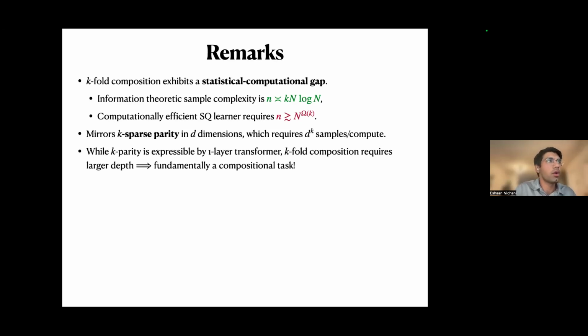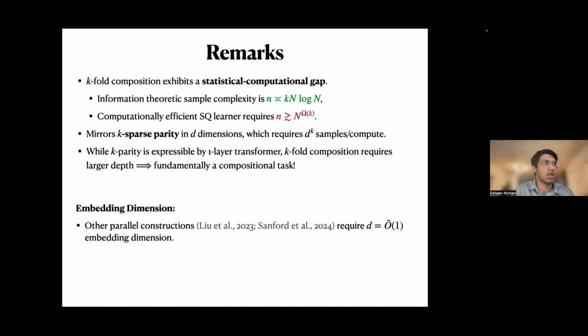I want to make one other remark about the embedding dimension. As some of you may have noted, other parallel constructions in the literature require an embedding dimension that only scales, say, logarithmically with the input length, whereas we require d to be k times n. One reason for this is that we are trying to use a fixed embedding that can express the task for any choice of the hidden information pi.